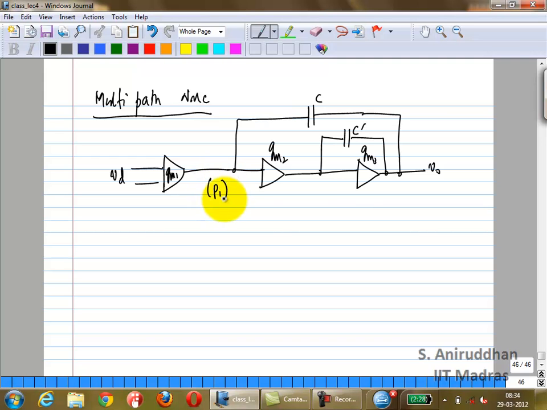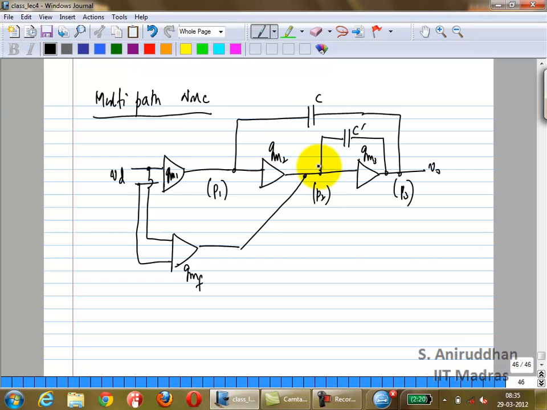So you have P1 here, P2 here, and P3 here. Okay. Now what you're going to do is, you're going to add a feed-forward path from the input to the output of the second stage.